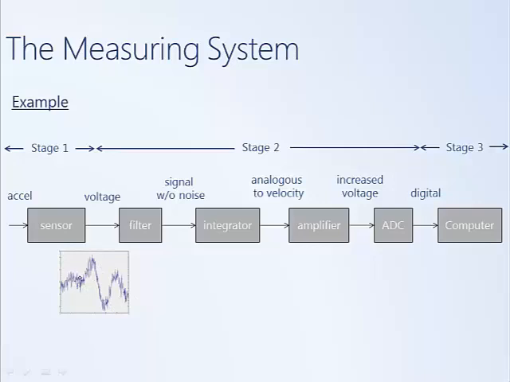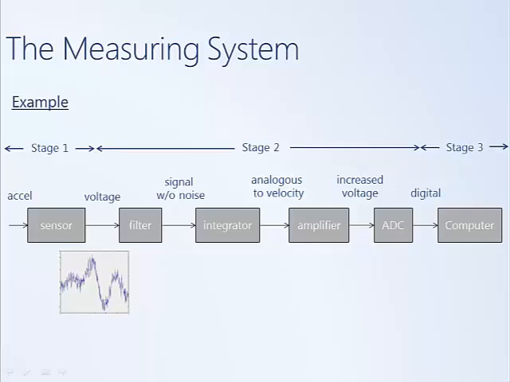So this very high frequency jumping around doesn't actually reflect the acceleration of the vehicle. The vehicle itself is not having its acceleration jump so drastically. What this is, is noise on top of the actual acceleration of the vehicle, either due to electromagnetic interference or whatever.